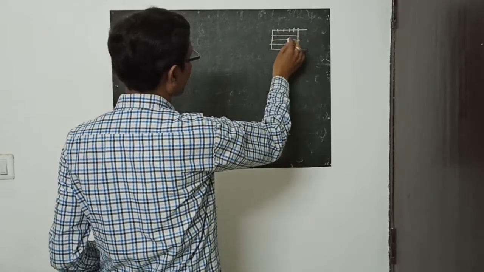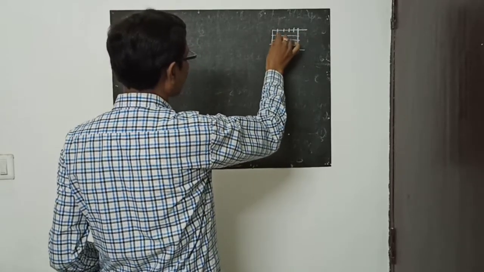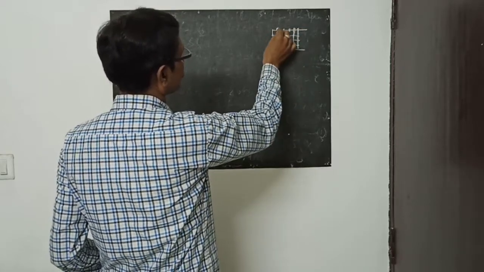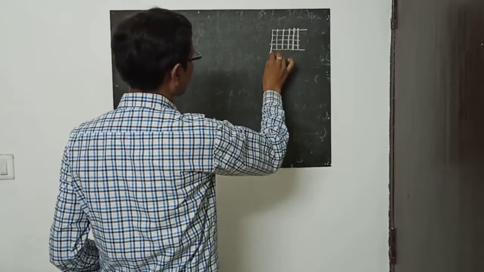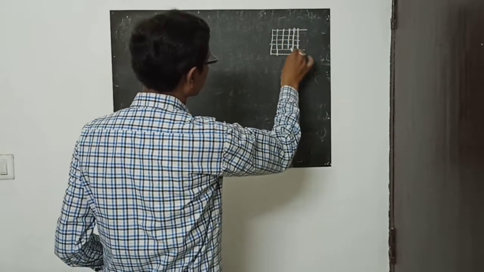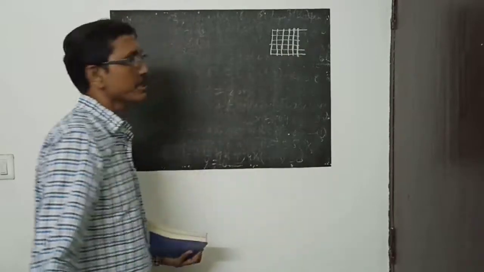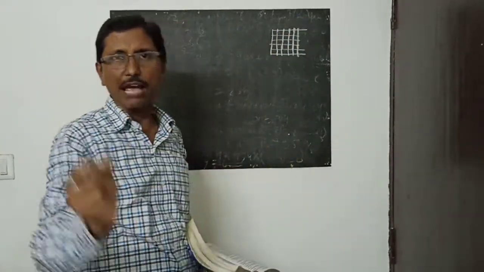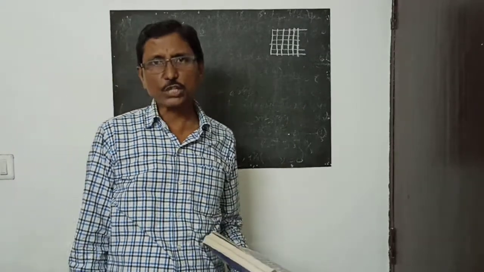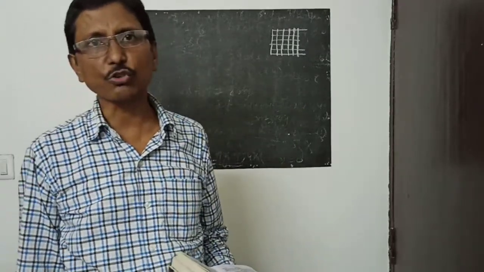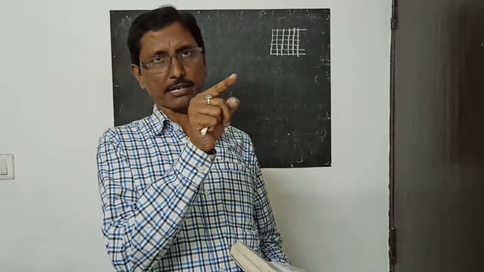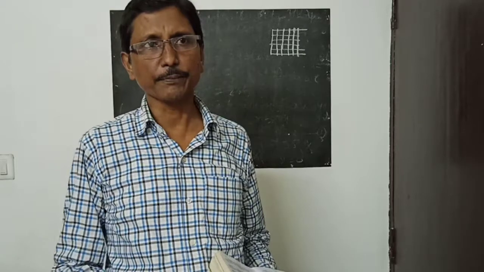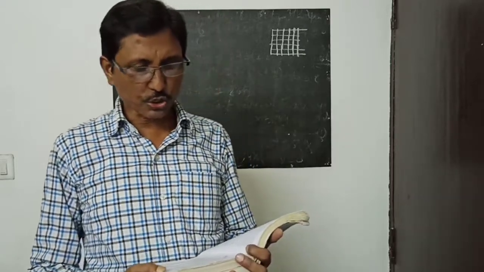Suppose 1, 2, 3, 4, 5, then it will have the same number of rows. Or 1, 2, 3, 4, 5, 6, so here also it will have 6 rows. Row and column are the same. Each line will have 6 students and there will be 6 lines. This format is called the solid square, meaning it forms a square. Means x rows, so x columns also you will have.